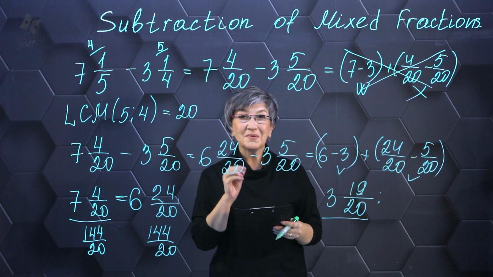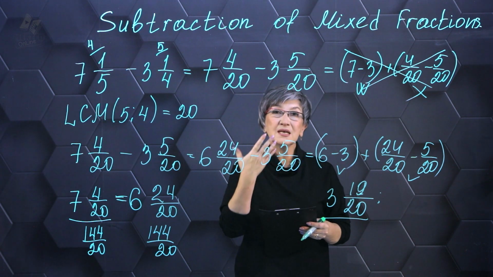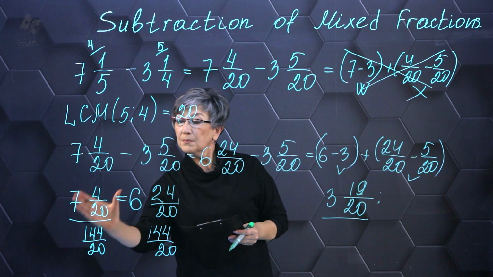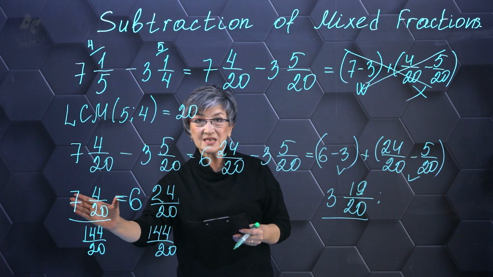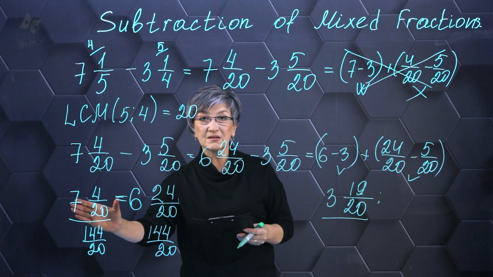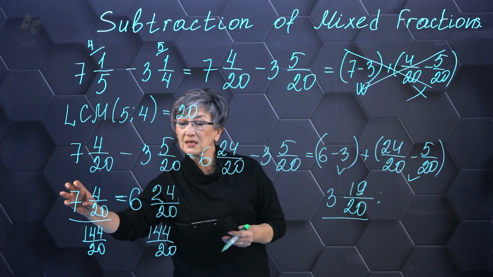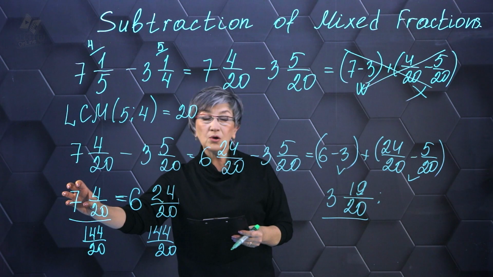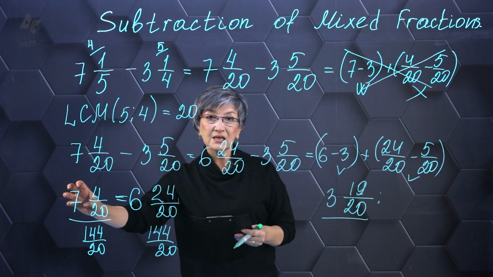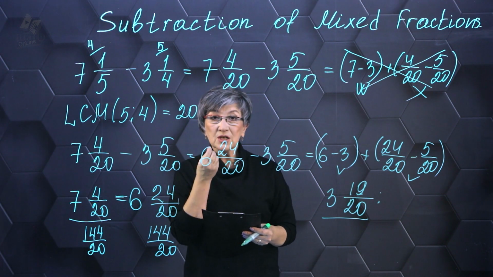So let's pay attention to what we've done. Now, there was a mixed number of 7 4/20. I can take away from that whole number as many whole parts as I want, but I only need one whole part.